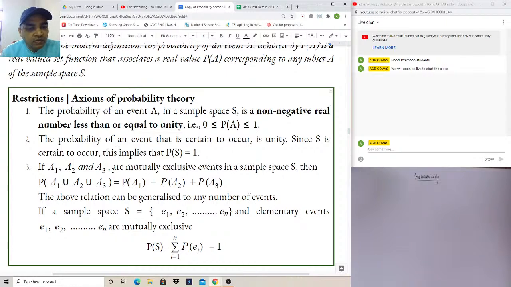The probability of an event that is certain to occur is unity. Since S is certain to occur, it implies that if we take the probability of the whole sample space, then the probability becomes 1.